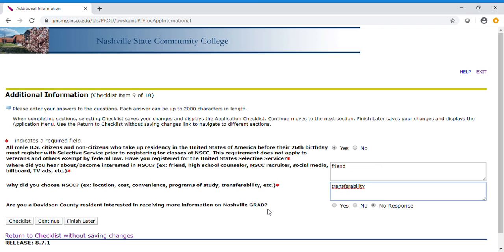So it requires you to say yes right here, and then you'll receive an email in which you will formally sign up, and then you will go meet with them. Nashville Grad has emergency funds and many other support systems that will help you during your time in Nashville State. I cannot recommend it enough. Everyone should sign up.